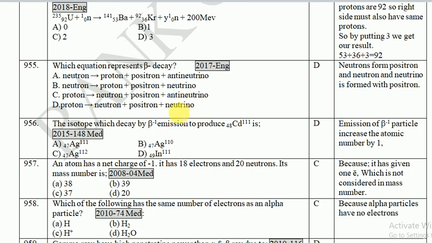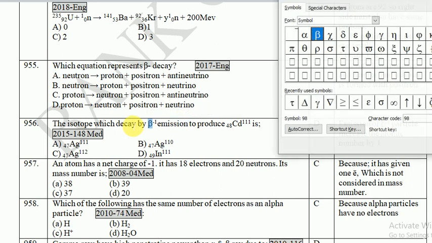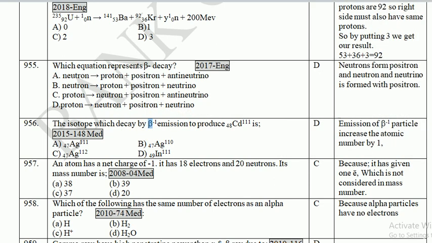And next is, an isotope which decays by beta emission to produce Cd-111, 48. So beta negative means its atomic number will be increased by 1. So the isotope which decays by beta emission to produce Cd is formed from something.